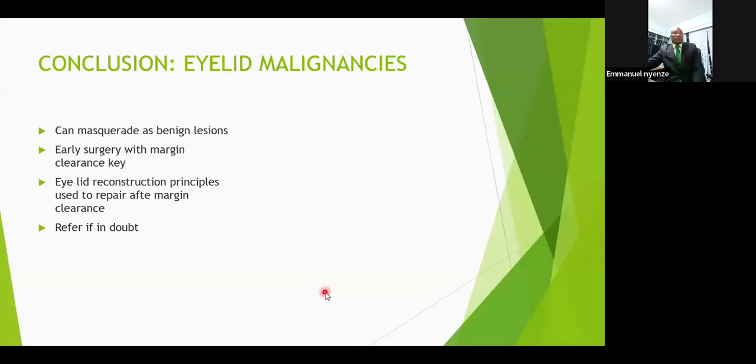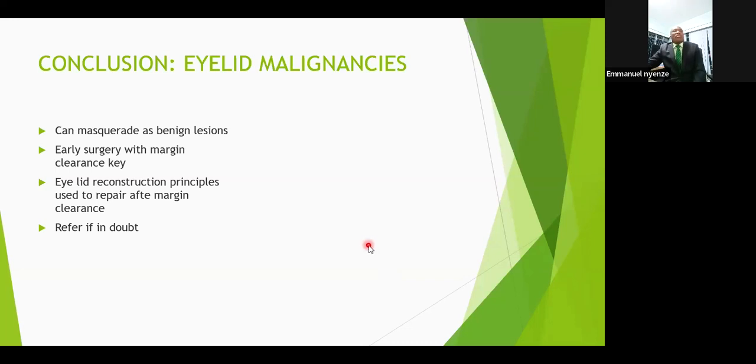So in short, eyelid malignancies are rare in our setting, fortunately, but when we get these cases, it's good to be prepared and to be able to pick them out. Because once you get them out and we get them early, the surgery is fairly straightforward. Reconstruction is not complicated.